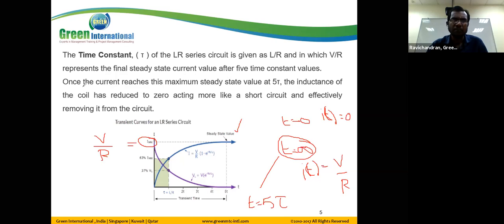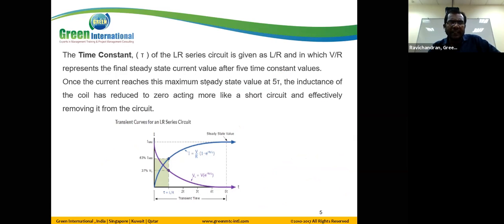This is too important, and they ask this question. At 5 tau, the circuit reaches the steady state value, or we call it the transient period. We will discuss this in the next slides.